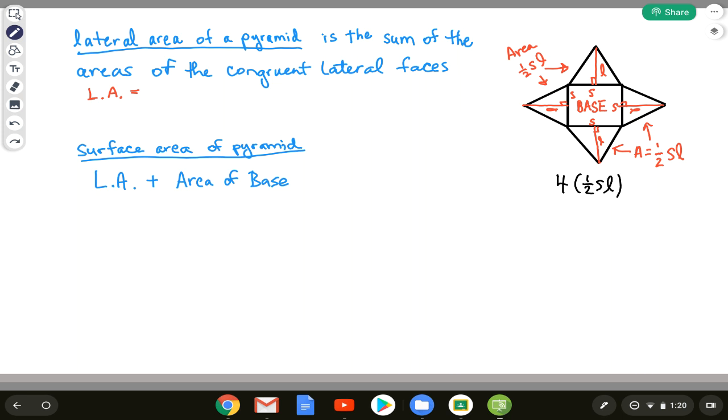Okay, this is a special case, but in general, let's just spread the 1/2 out front for now. If I did 4 times S, and then times the slant height, the 4S would be the perimeter of the base.